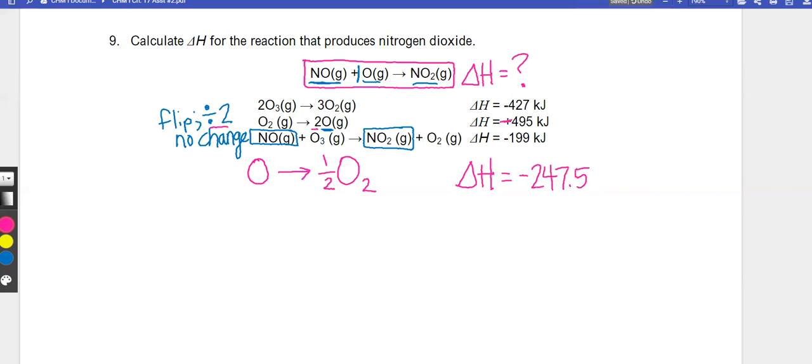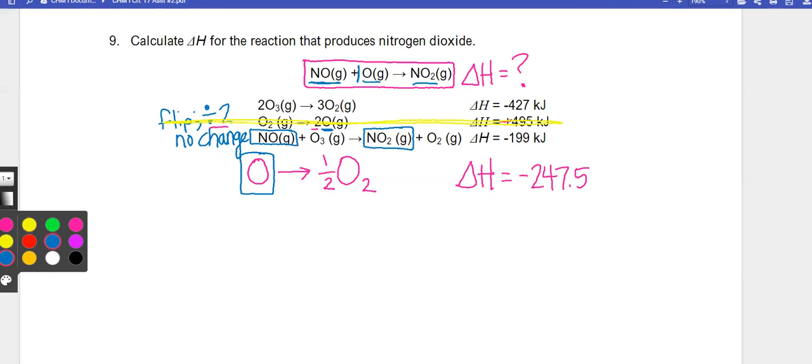Okay, so now that I've done all those changes, I'm going to cross off the entire middle section so I don't look at it anymore. Okay, so by now doing that, the O is where it needs to be. It's on the correct side of the arrow, now it's the correct coefficient. But the reason why there's a third equation is so that you can cancel out things you don't need.